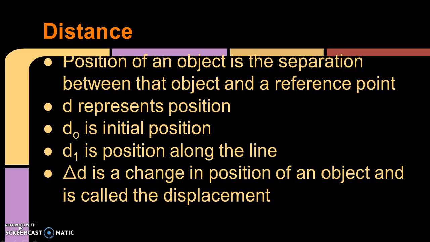Again, when we subtract the initial position from the final position, we will have delta D, the change in the position of an object, and we call this change displacement. When it is directional, it is called displacement.